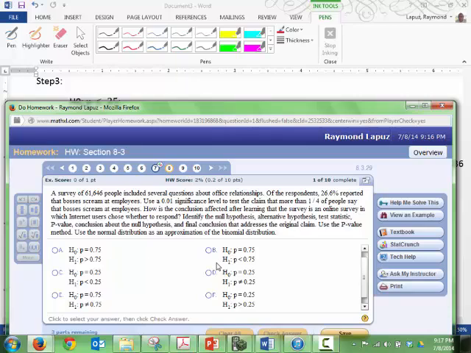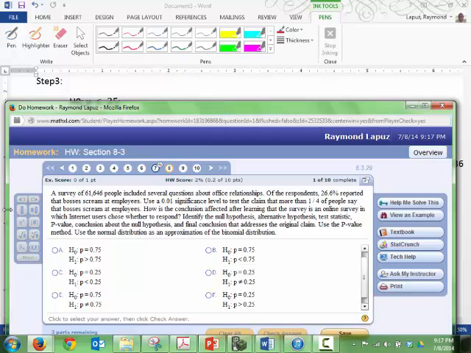It looks like their null hypothesis is exactly the same for all of them. Is that okay? Yeah, it's okay. What happens is that when they say it contains a condition of equality, they just use an equal sign instead of a less than, greater than.